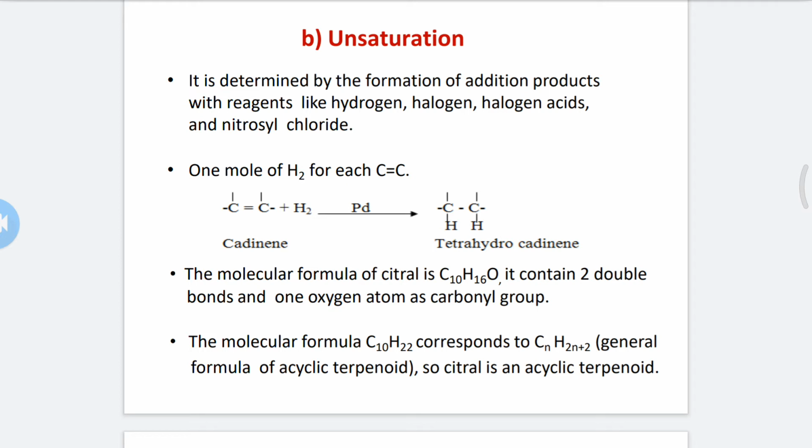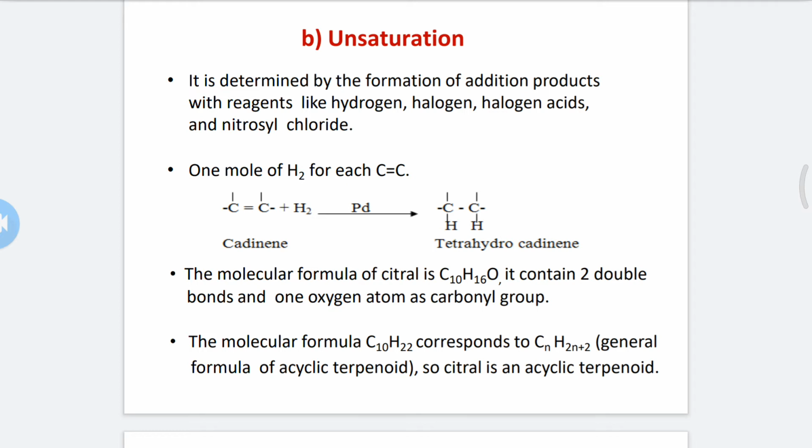One mole of hydrogen is added for each carbon-carbon double bond. For example, cadinene is reduced with hydrogen molecules in the presence of palladium to form tetrahydrocadinene. Reduction means addition of hydrogen to an alkene, a double bond in an unsaturated compound.